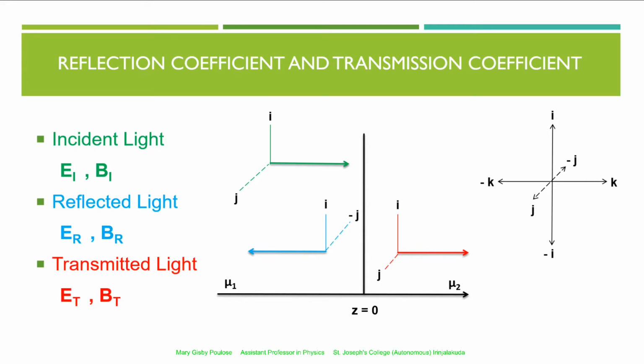Since light is falling normally, perpendicularly upon the boundary, the transmitted light is also emerging perpendicular from the boundary. Hence, there is no change in i and j axes.